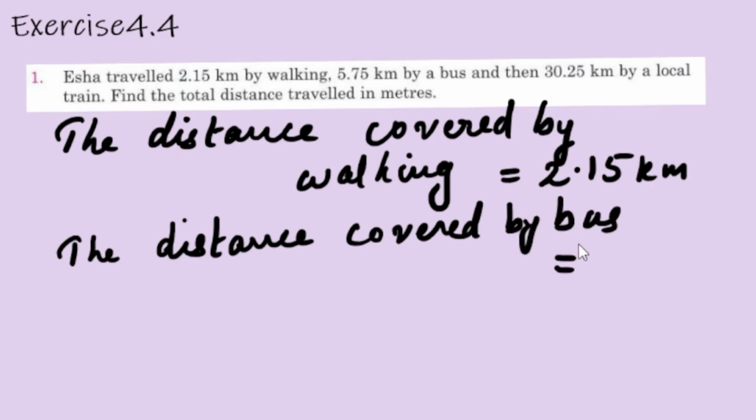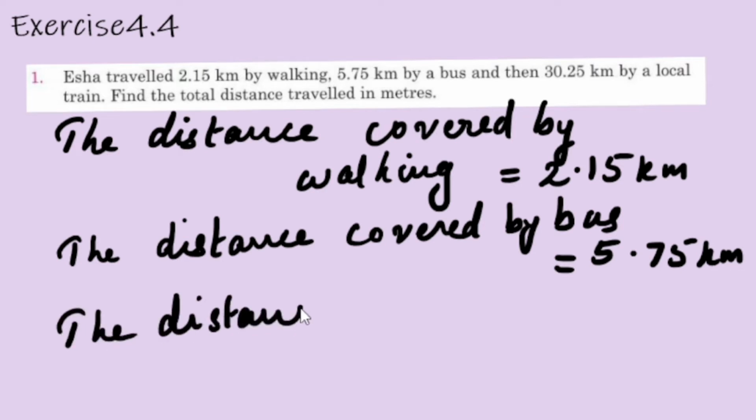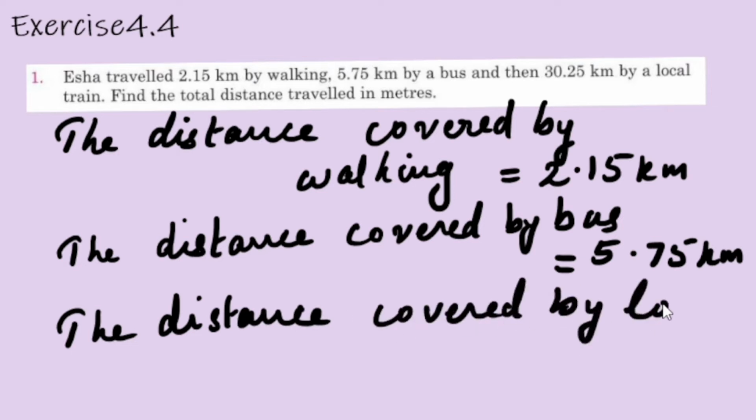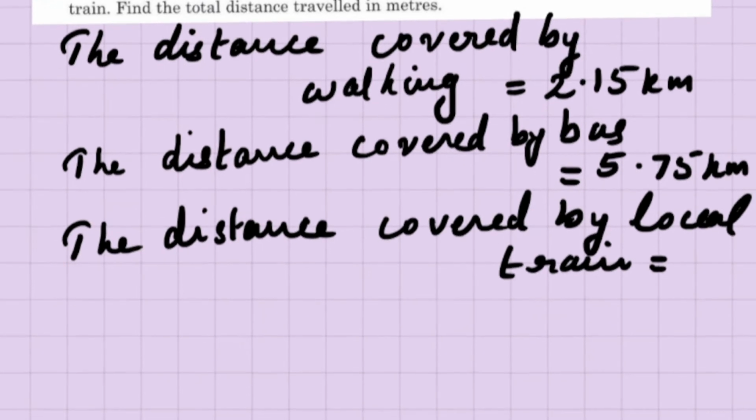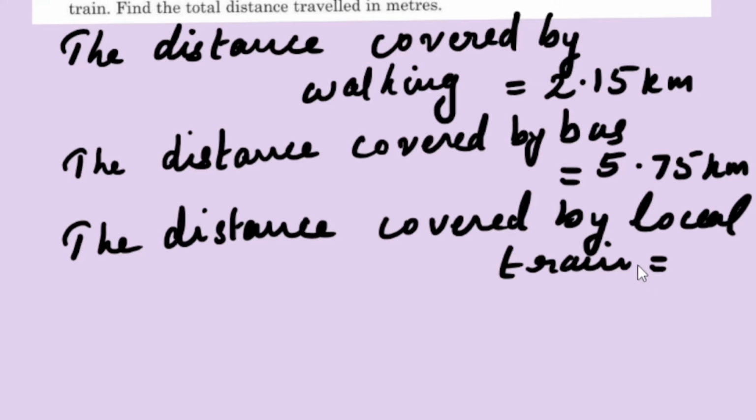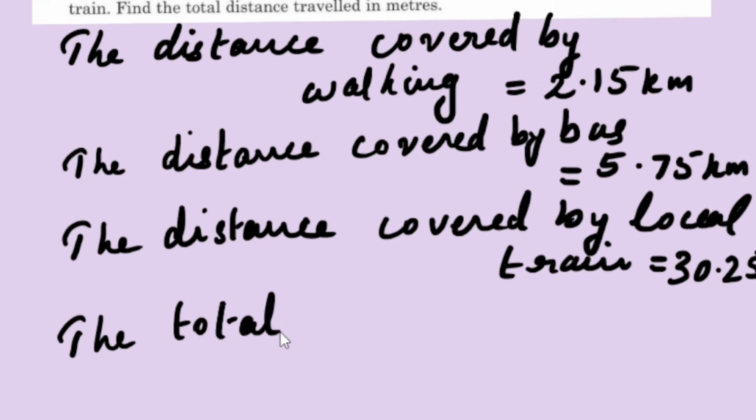How much is the distance covered by bus? 5.75 kilometer. Then next, distance covered by local train. How much is it given? It is given as 30.25 kilometer. Now, what we have to find out? The total distance covered.